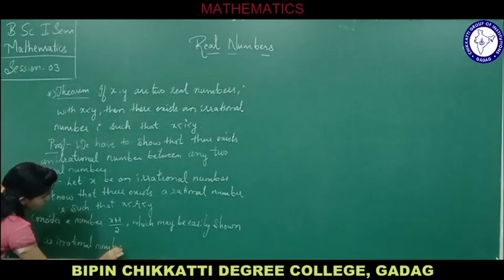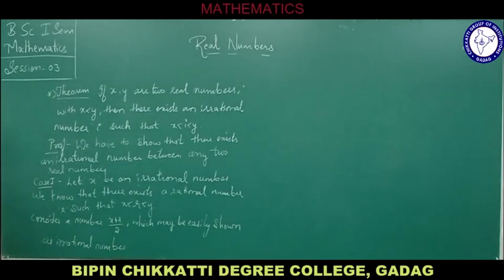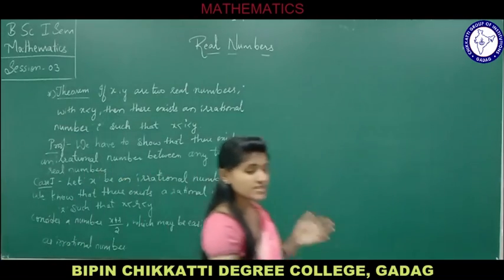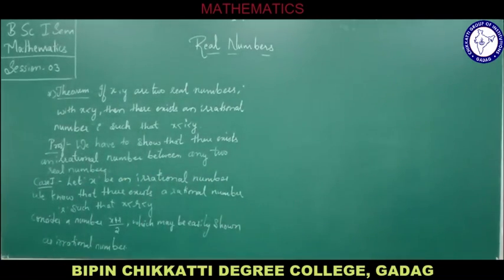And again, what are we going to consider? This x plus r divided by 2, it is very easy to tell that it is going to be an irrational number. What is it that is very easy to tell?